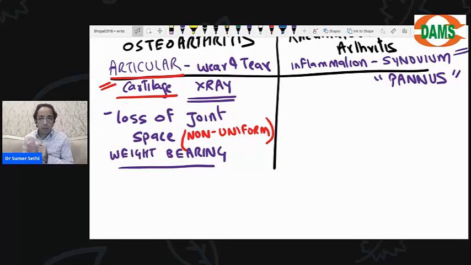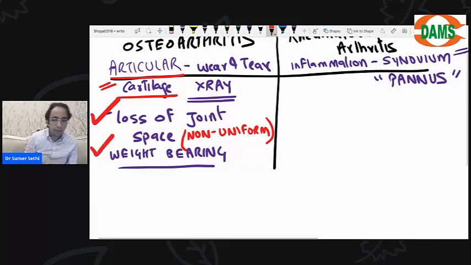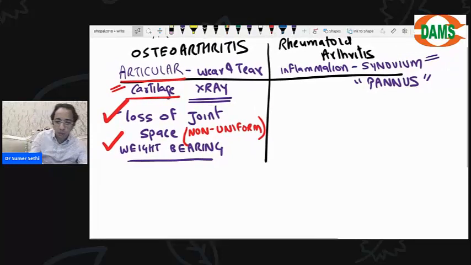The lateral compartment is not. So the joint space loss will be more in the weight-bearing compartment. It will not affect the entire joint uniformly. Very good. That is the point that I wanted to make.